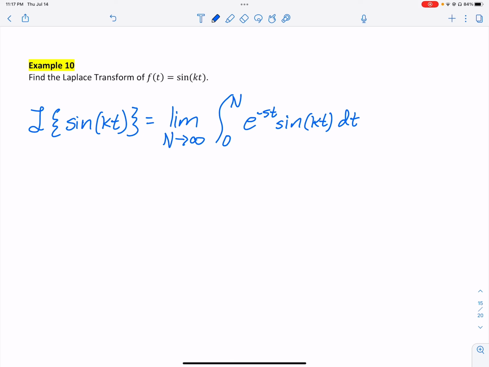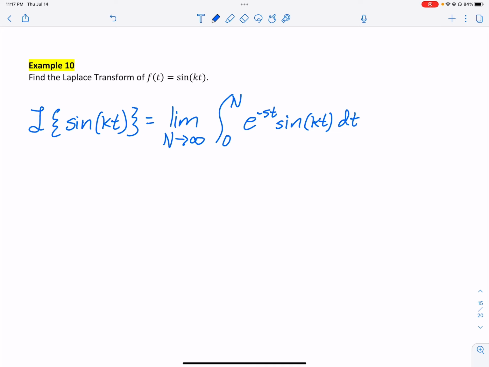All right, so we're going to go through quite a bit here. What sucks is tabular integration will not work here. We have to use a bit of a u sub.